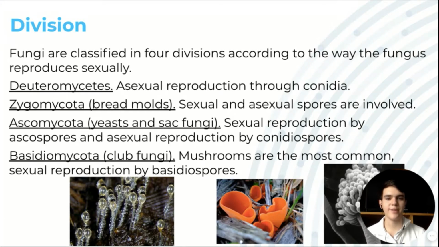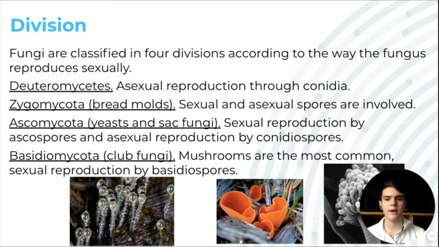Division. The way fungi are classified is in four main divisions, made up according to the way these fungi reproduce sexually. First, we have deuteromycetes, which have an asexual reproduction through conidia. Then we have zygomycota, which are bread molds. These can have sexual and asexual reproduction where spores are involved.